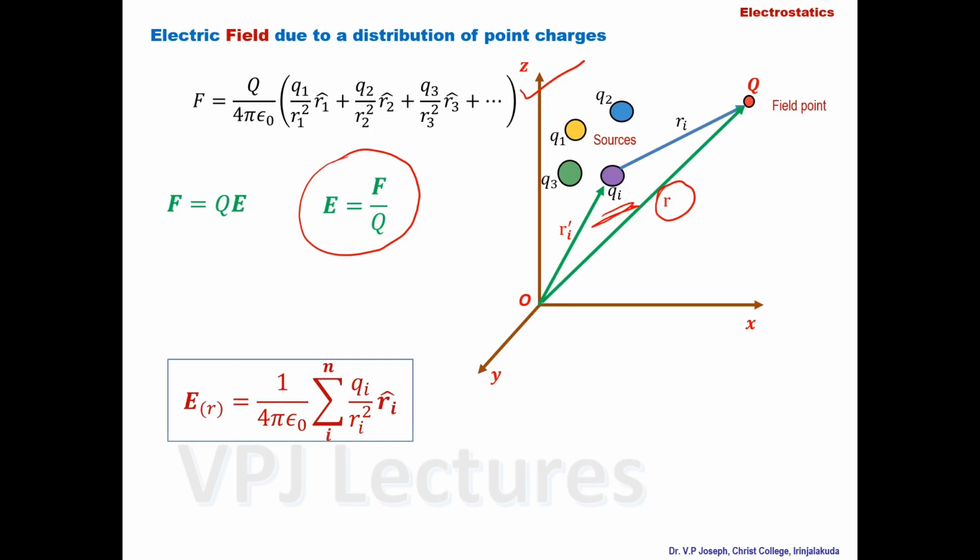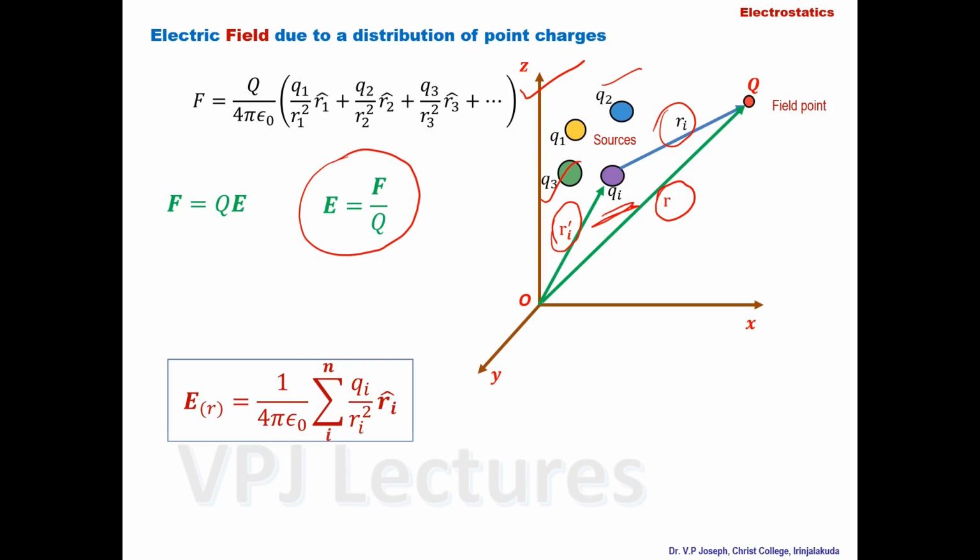The source point for the Qi, that is the ith charge, is taken as Ri. That is, for Q1, the first charge, it is R1, for the second charge it is R2, for the third charge it is R3, and so on. And each charge is related to the origin by the distance Ri dash, that is R1 dash, R2 dash, R3 dash, etc.